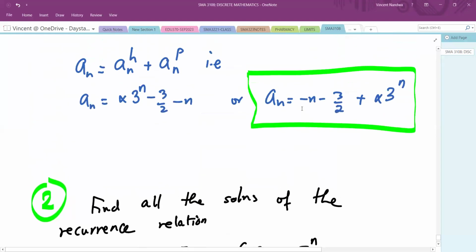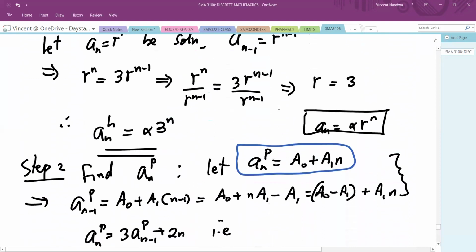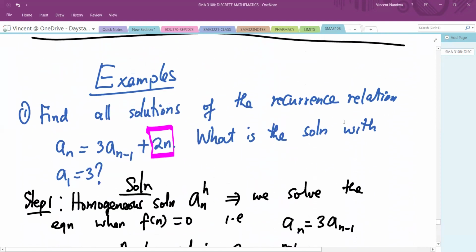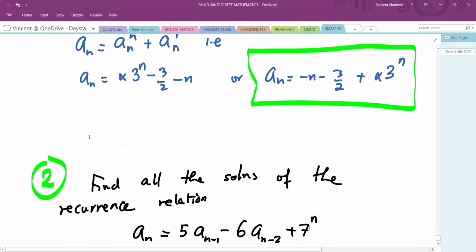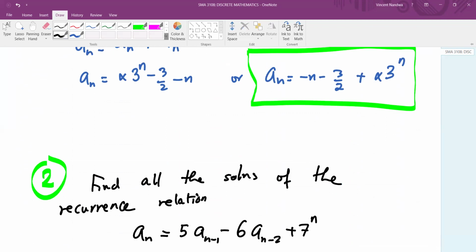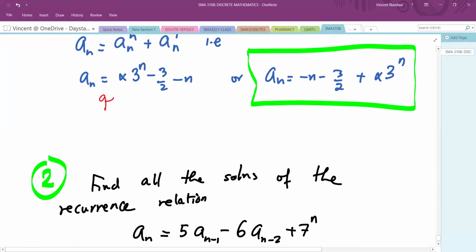And in the previous problem, the second part was to find the solution with a_1 equals 3. So this is the general solution. Just to finish up, this is what we call the general solution, and then for the specific solution, we have been told that a_1 is 3.